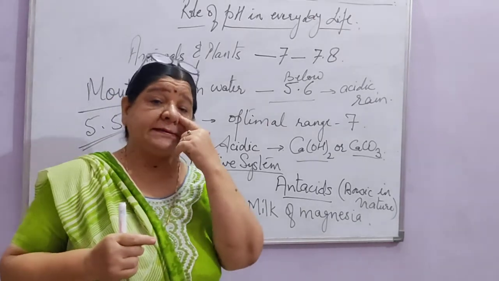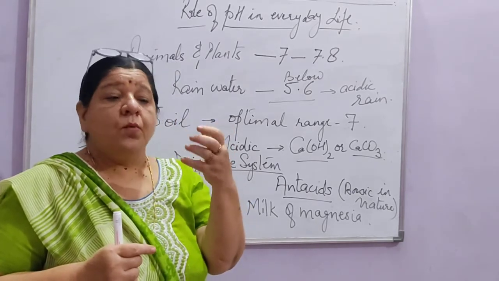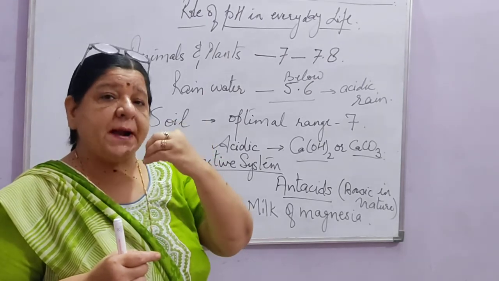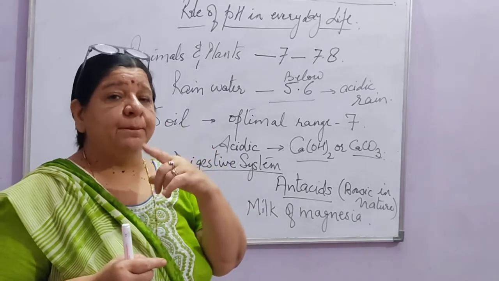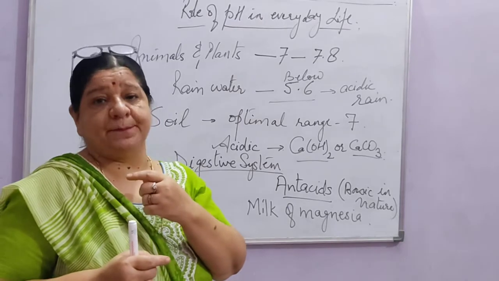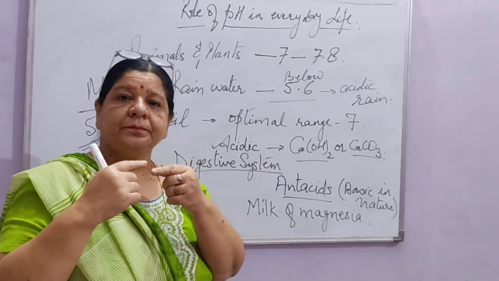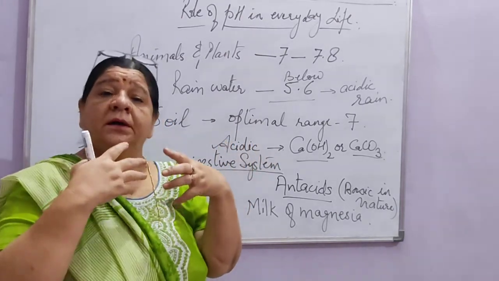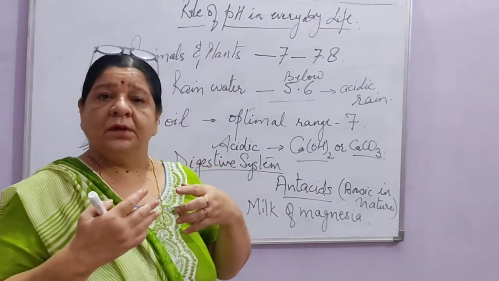Now, how does this acid increase in our mouth? When we eat food, the food particles and the sugars remain inside our mouth, and the bacteria present in the mouth start degrading that food and the sugars, and that creates an acid in our mouth.